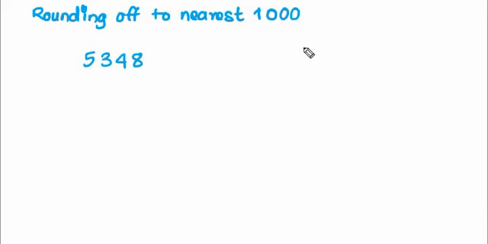Take the 5,348, which is closer. On the lower side it is closer to 5000. On the higher side it is closer to 6000. How do we decide? Now 1000 has 3 zeros. So we are going to talk about the last 3 digits.